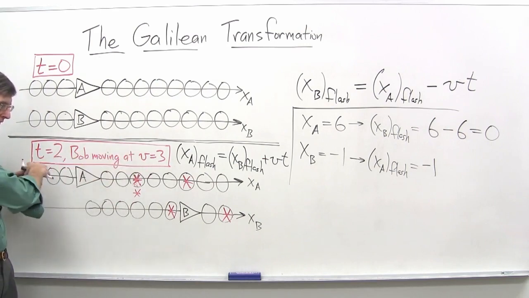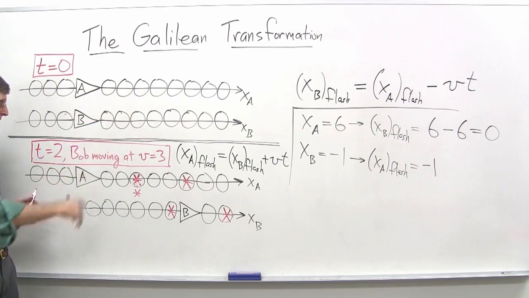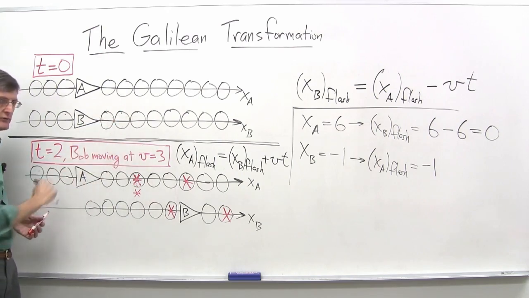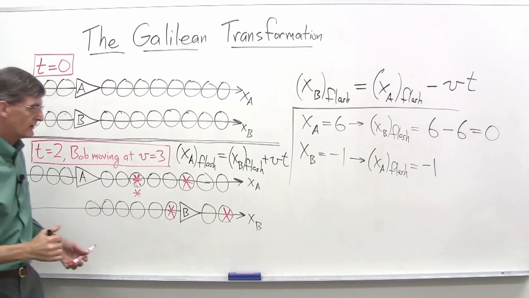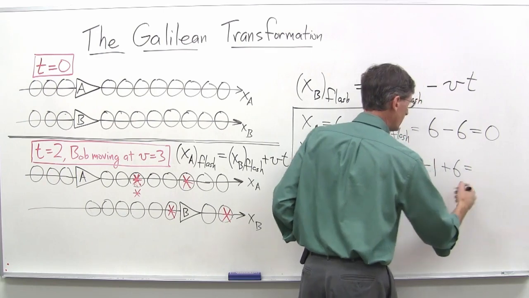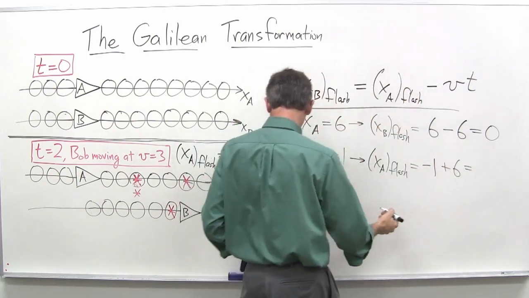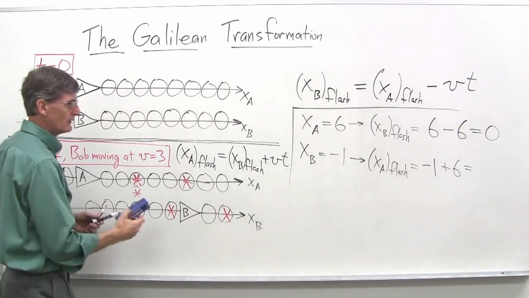Again, if we were doing this at different times, we'd have a different time here. If we're doing it at 5.5 seconds, then it'd be 5.5 here. Velocity would still stay the same for our example. Obviously, you can change the velocity as well for different examples, but we're doing t equals 2 seconds, velocity 3, and so it's a plus 6, and 6 minus 1 here is, oops, hold it here, wrong way.